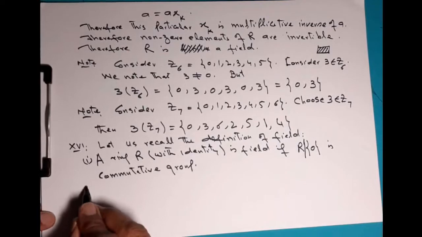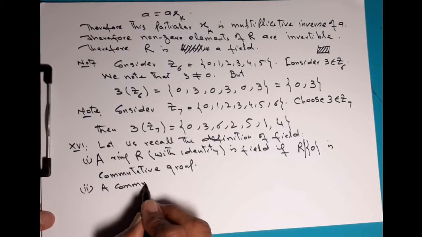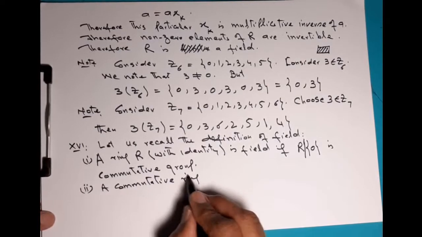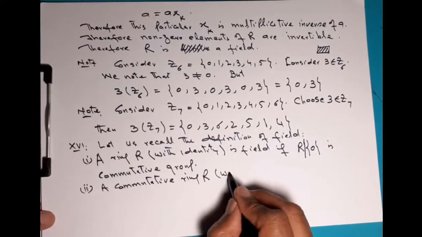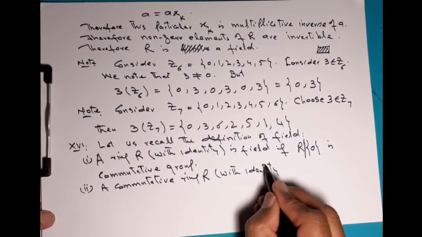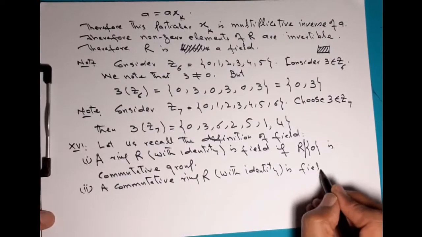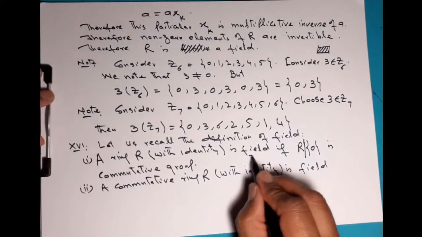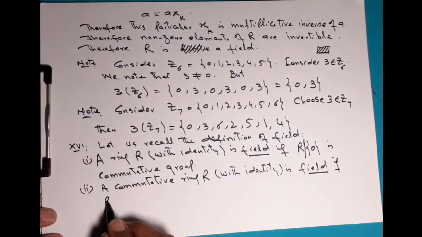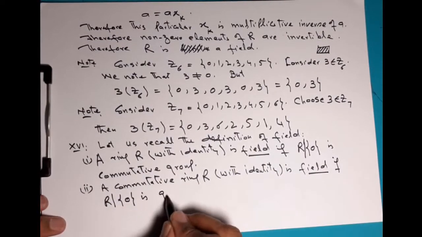Or you can say that a commutative ring R with identity is a field if you remove the zero element from the ring, this is a group.